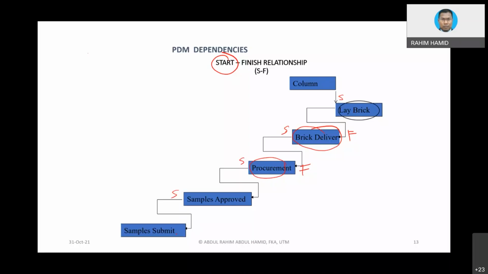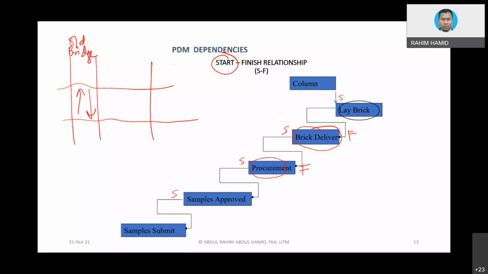Perhaps another example that I can give you. Let's say this is the crossing river, and this is the old bridge. The car is still using it every day, and you are constructing a new bridge.